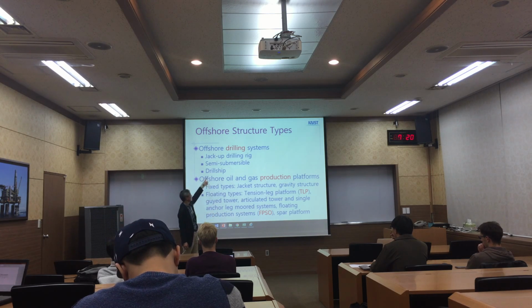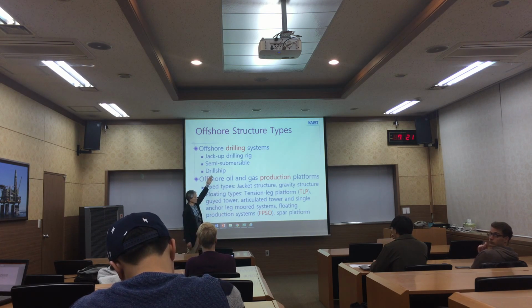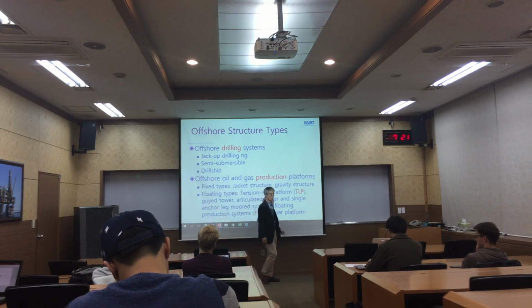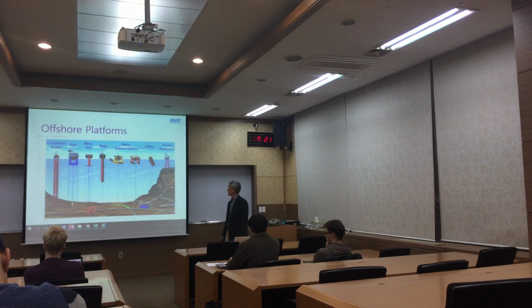FPSO is very similar to a ship, a ship for production, while this is a ship for drilling, the drill ship. And Korean shipbuilders are specializing in drill ships and FPSO nowadays. And the spar platform is very similar to TLP. You see the structures in the picture here.